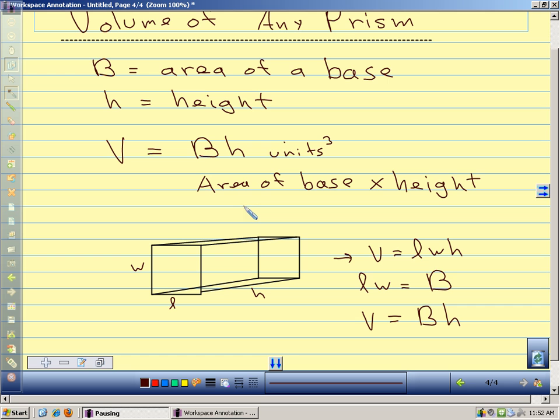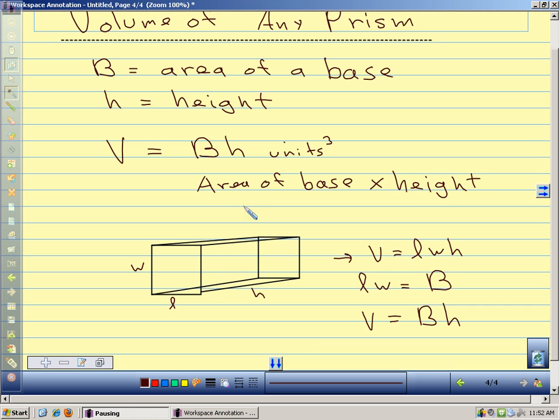Let's talk real quick about why it would work for any prism. Here's our rectangular prism like we talked about before, and the volume of this prism is 4 books. If I make it into an oblique prism, so I slant it like so, is the volume any different?